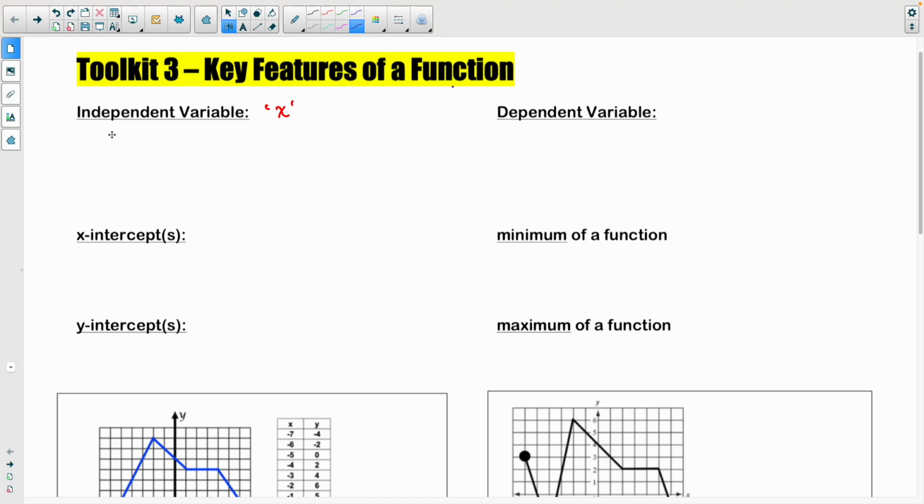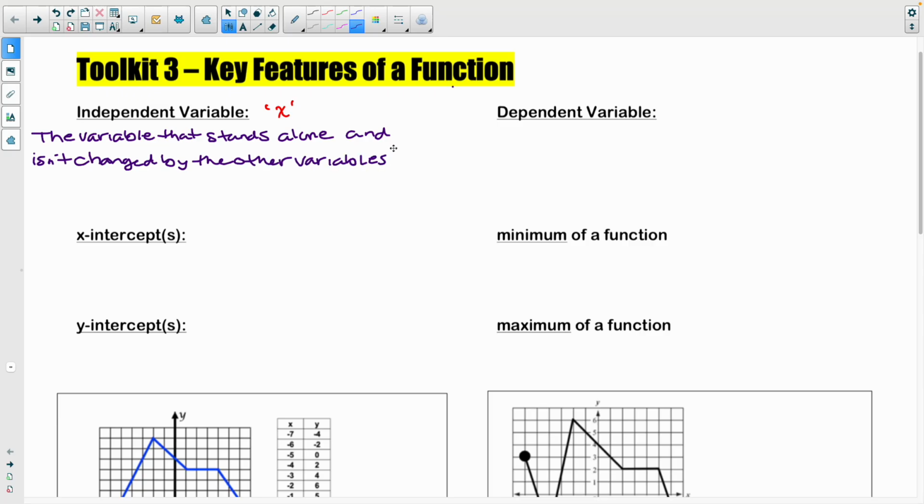The independent variable is the variable that stands alone and isn't changed by the other variables that you are trying to measure.